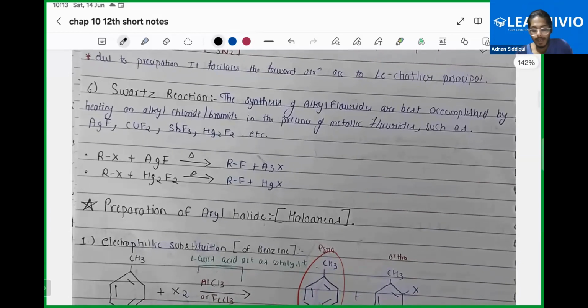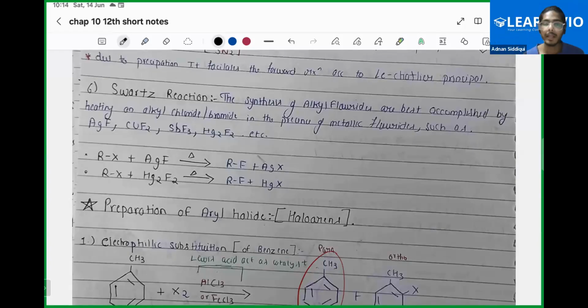The synthesis of alkyl fluorides is best accomplished by heating an alkyl chloride or bromide in the presence of a metallic fluoride. Why a specific name reaction is needed for alkyl fluorides? Because fluorine is very reactive, and a controlled reaction with fluorine is very difficult.